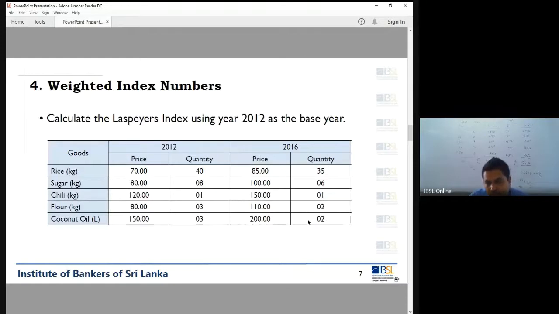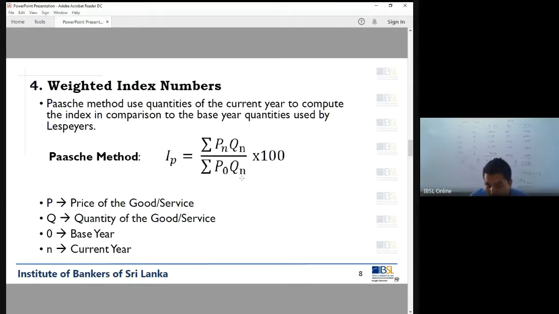Rather, it will take the most current, the most available point, your point of interest, Qn, as the current year's quantities, and then do the sum product for the prices of year 0 and year n of your interest. Look at this text: the Paasche method uses quantities of the current year to compute the index, in comparison to the base year quantities used by the Laspeyres.